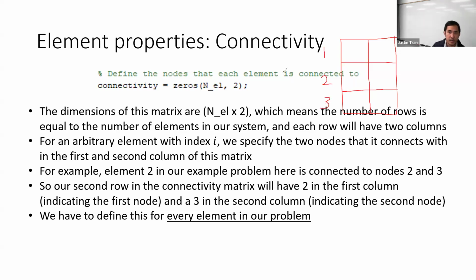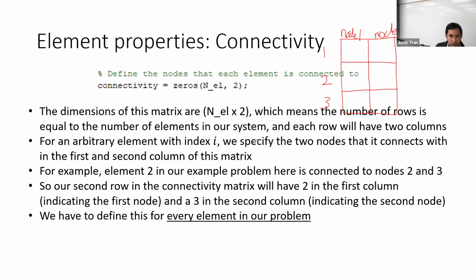Now the columns of the connectivity matrix are going to be the nodes that the element is connected to. So this is going to be node 1, and this is going to be node 2. For instance, for element 1, the first node that element 1 is connected to, we're going to put that number here, and then the second node, we're going to put that number there.